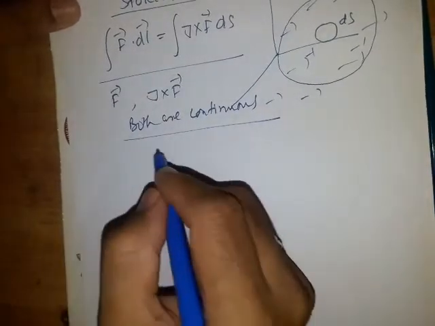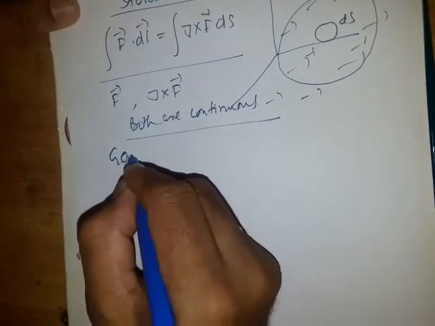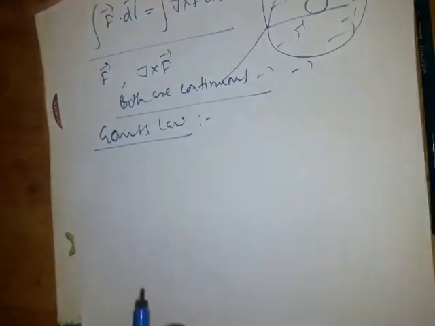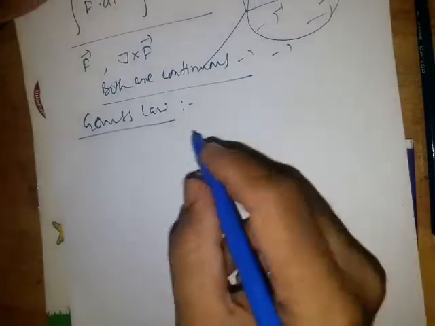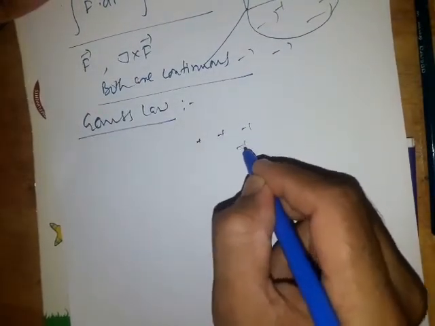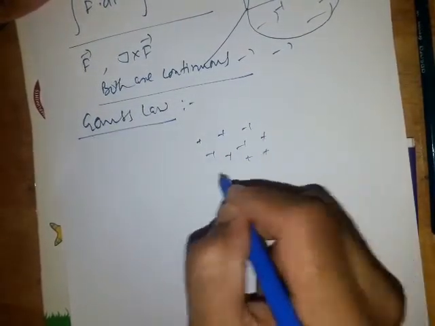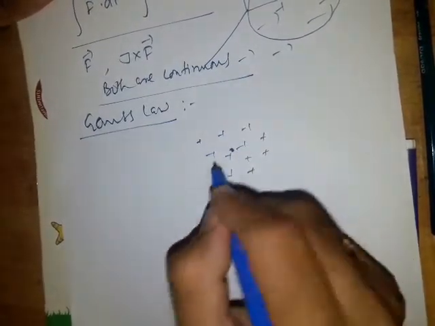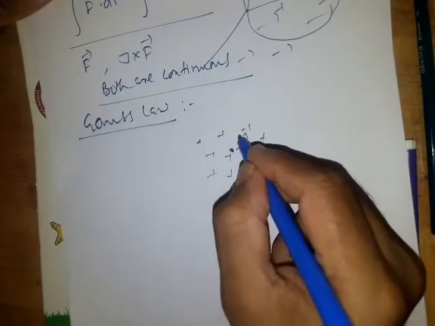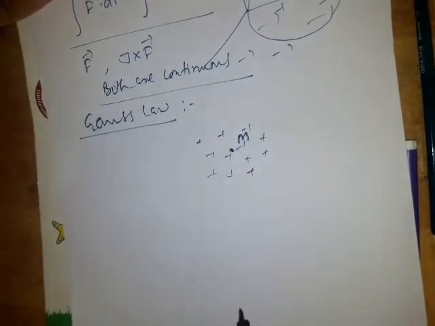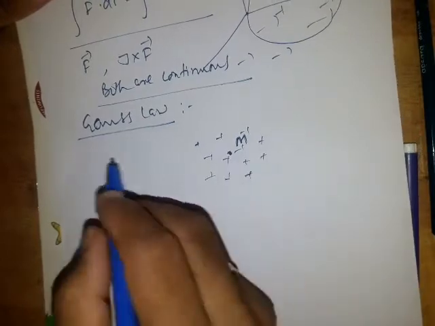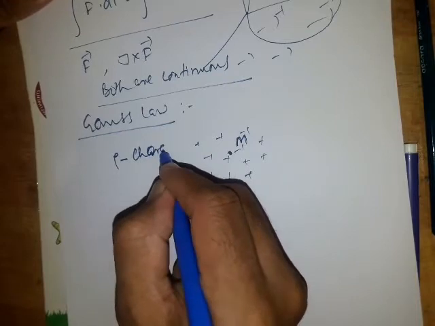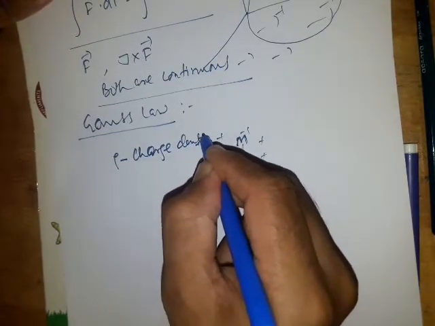Next, we'll see what is Gauss law. Imagine there are charges present in a space, and let there be a point, say a point M, and rho is the charge density at that point.